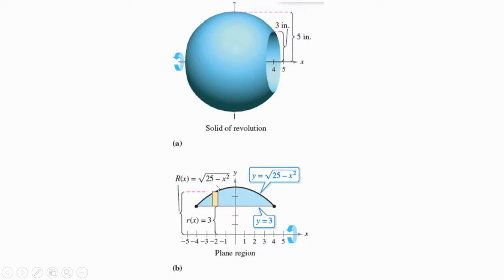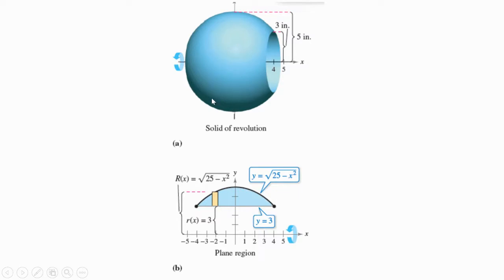So if z is equal to 0, and the radius is 5, it's going to be x squared plus y squared equal 25, because that is a circle in the xy plane. So you see, that's the piece that you're taking around.